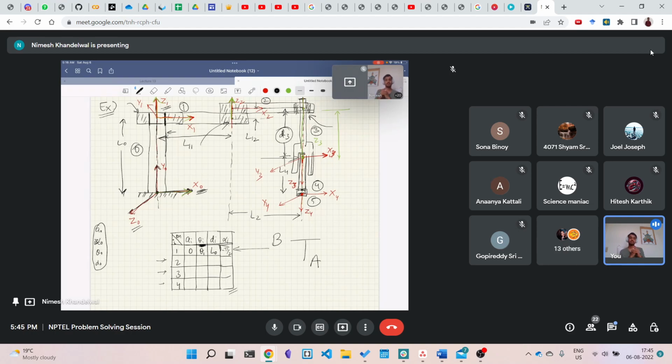To find the homogeneous transformation matrix, you first need to know the yaw pitch roll rotation of each body with respect to the other, and then you need to know the translation also. If everybody does it differently, it will make it very difficult to communicate what the results actually are.